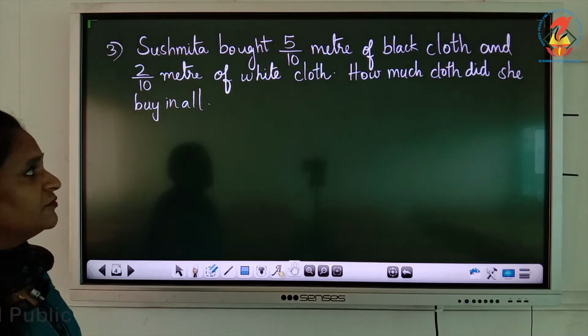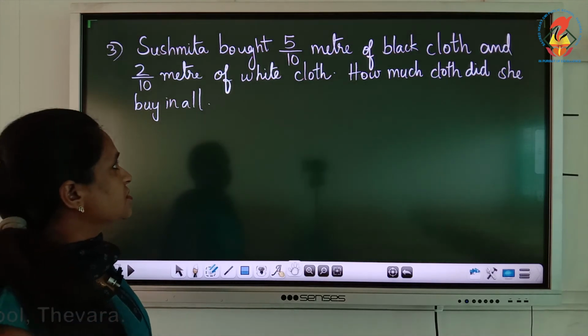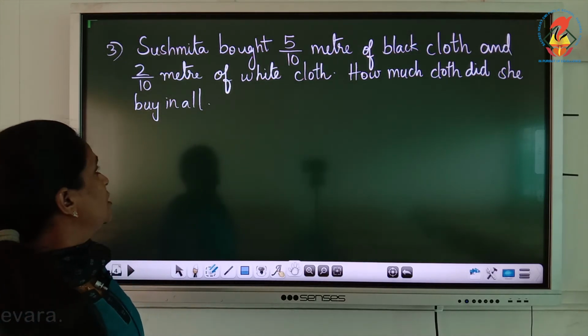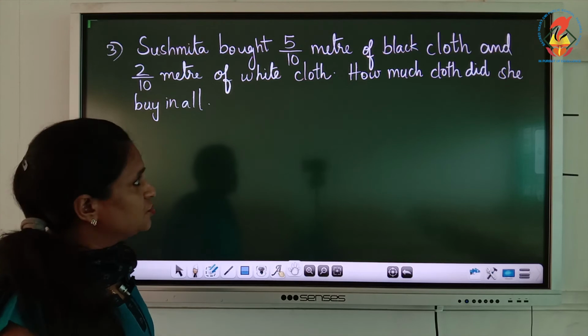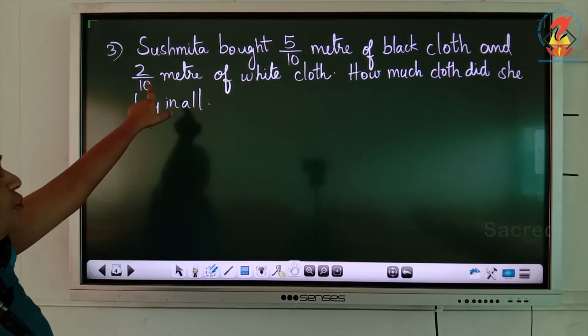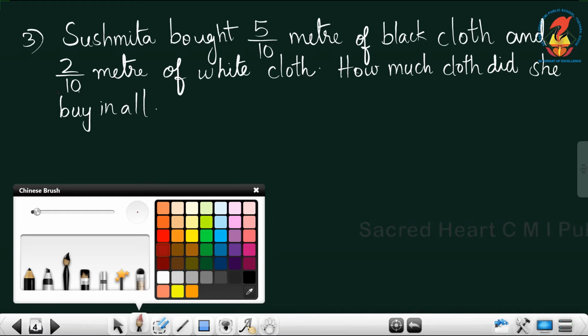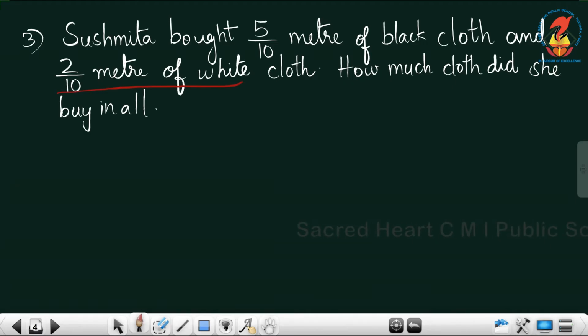Susmita bought 5 by 10 meters of black cloth and 2 by 10 meters of white cloth. How much cloth did she buy in all? So she has bought 5 by 10 of black cloth and 2 by 10 meters of white cloth. So let me underline. Yes, it's white cloth and 5 by 10 meters of black cloth.